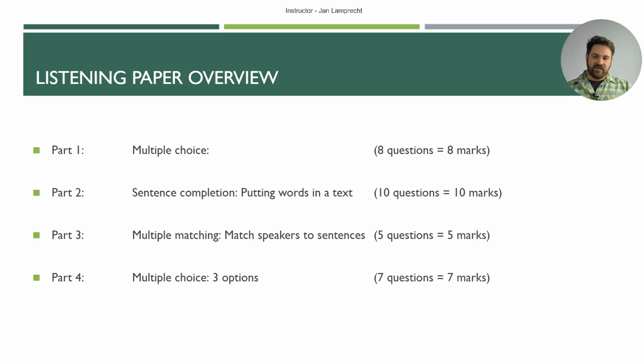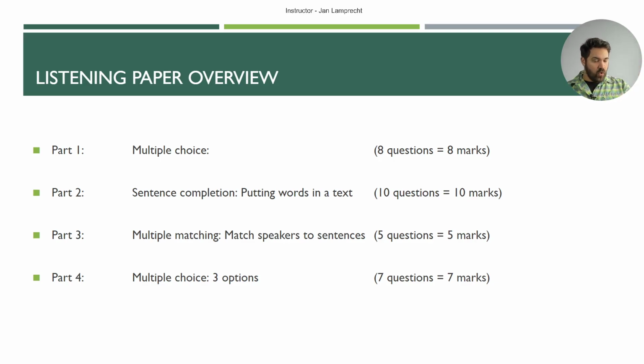Part 2, it is sentence completion, by putting words in a text. There are 10 questions, 10 marks, 1 mark for every correct question. Part 3, multiple matching. So you match speakers to sentences. There are 5 questions.